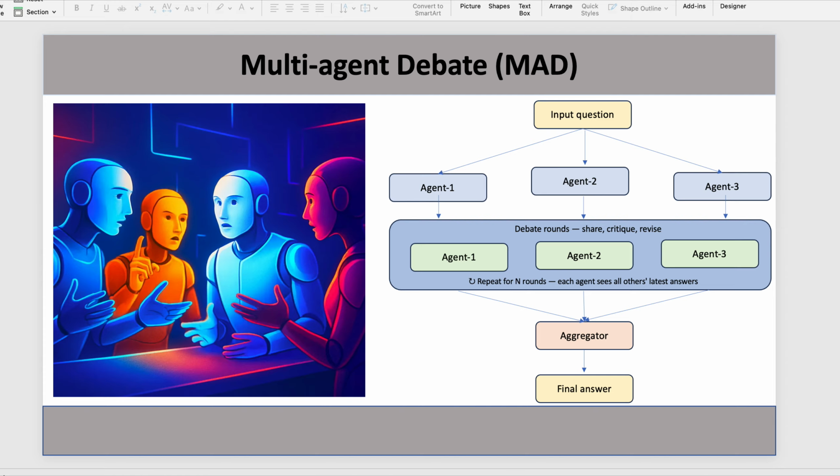The back and forth repeats for n rounds, with each agent seeing the latest answers from the others, so they keep improving and moving toward agreement. Finally, the aggregator combines all the refined answers into one final answer, a well reasoned conclusion that's stronger than what any single agent could produce alone.